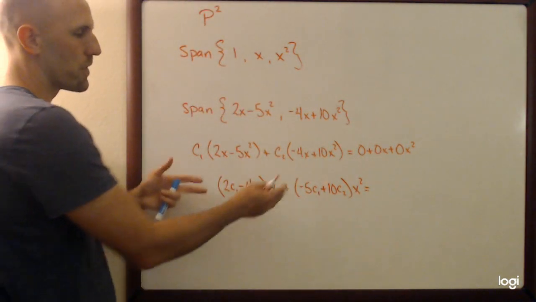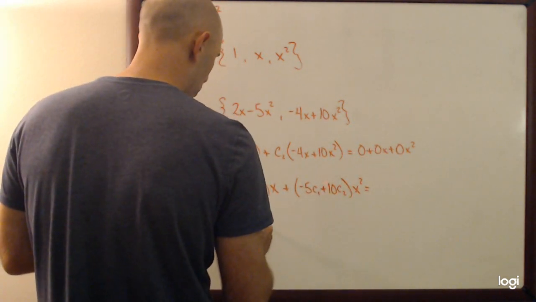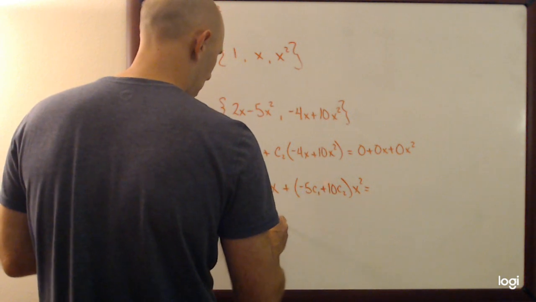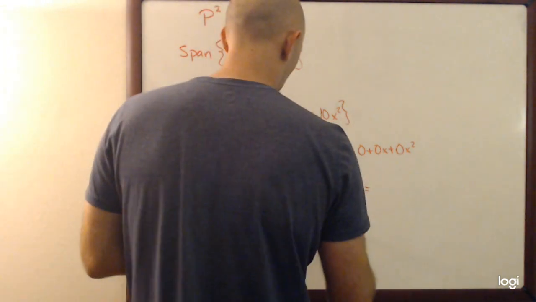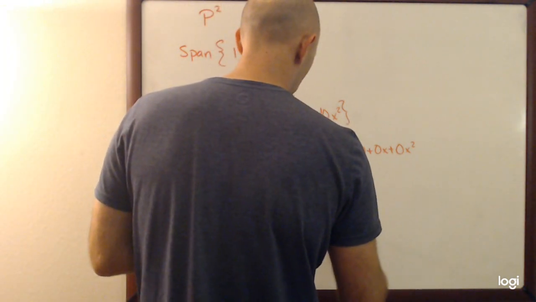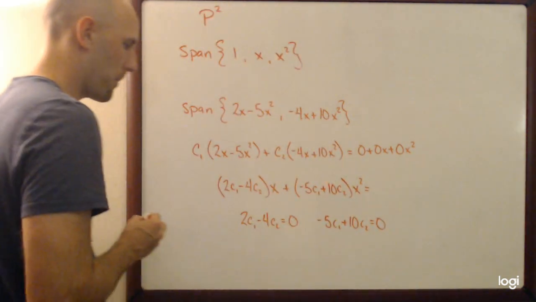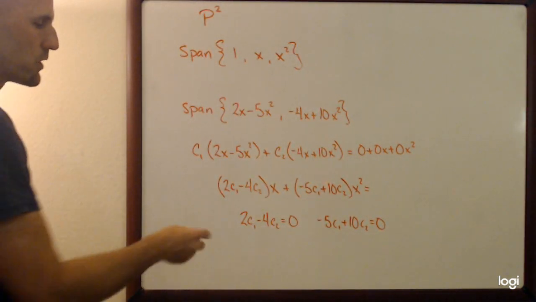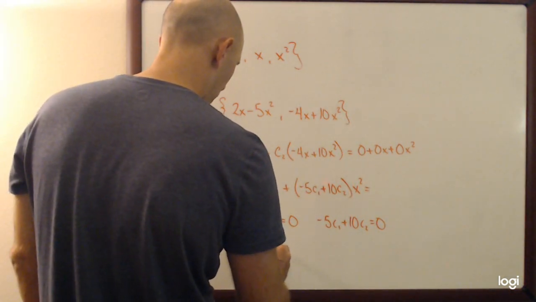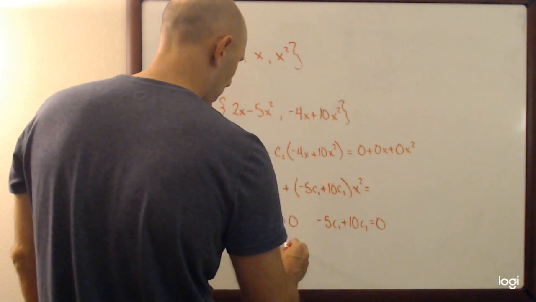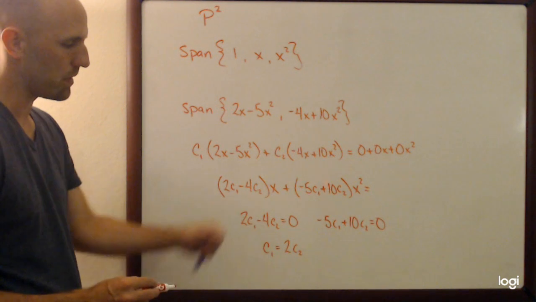Again, the coefficients on the left have to match the coefficients on the right. This gives me the two equations: 2c1 minus 4c2 is equal to 0, and negative 5c1 plus 10c2 also equal to 0. Let's rearrange these into a slightly more appropriate form. I get c1 is equal to 2c2, of course moving the c2 term and dividing by 2.